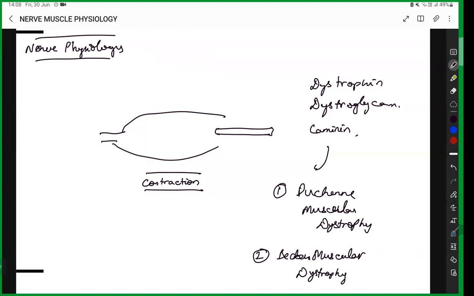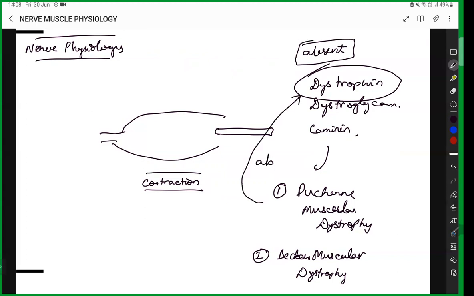Duchenne muscular dystrophy is when there is a complete absence of the dystrophin gene. This dystrophin gene itself is absent due to some genetic mutation, and it leads to Duchenne muscular dystrophy.